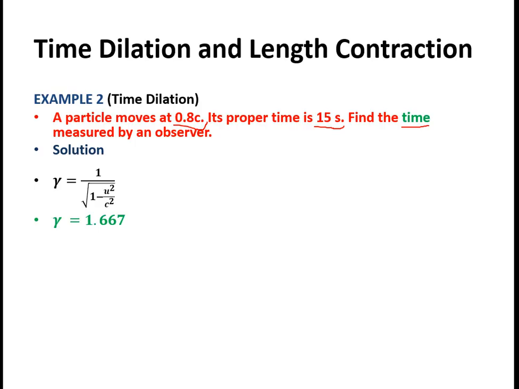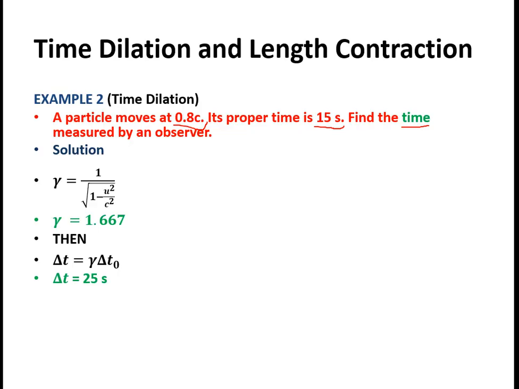Now, to get the time of the observer, we multiply 1.667 by 15 seconds. So we get 25 seconds. So the observer observed 25 seconds on the Earth.